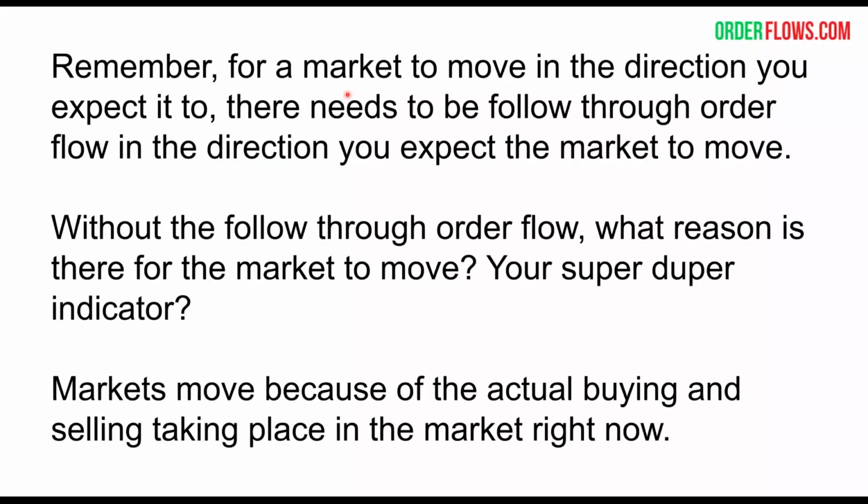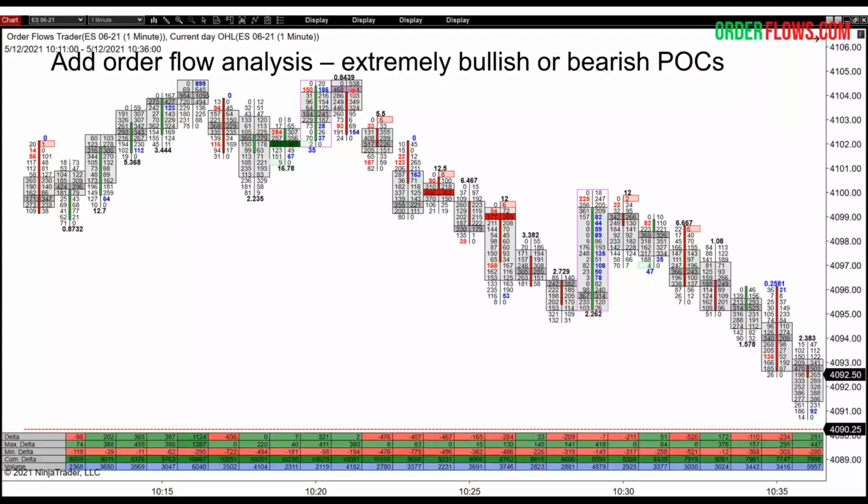So, without the follow through order flow, right? Again, it's not just about having, I've got a bearish signal here. You need to see the next bar follow through. Just like here, right? You've got a bullish signal, then you got some buying imbalances, but you got no follow through here, okay? Instead, you're seeing the negative order flow come in.